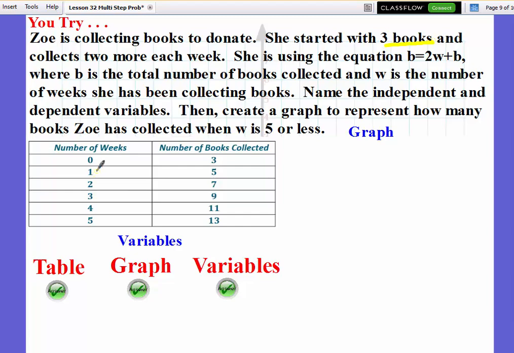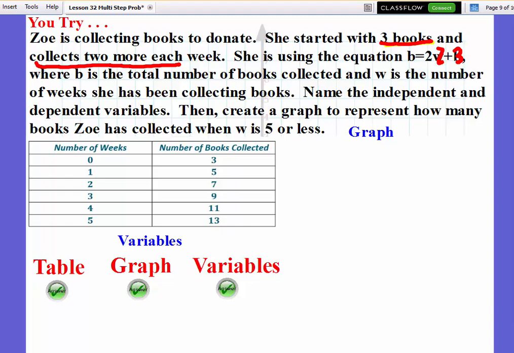Then the second week, she's going to have 1 for week 1 and that 3. So 2 times 1 is 2 plus 3, that's that 5. Week number 2 comes along. 2 times 2 is 4 plus 3 is 7. So that's how I got this table, just following this pattern. This pattern is based off of this sentence.